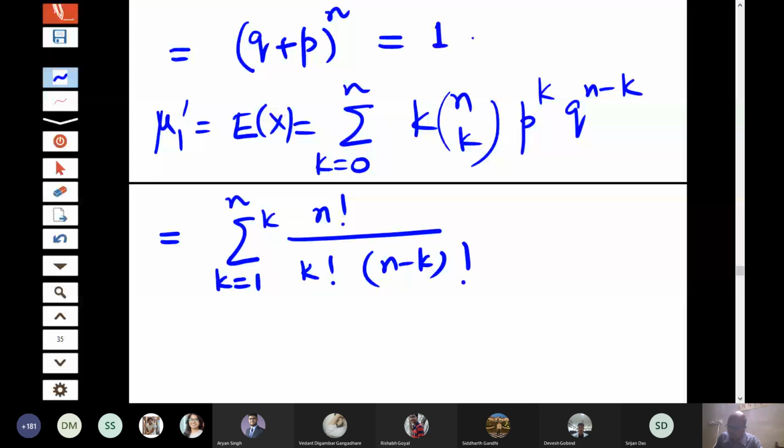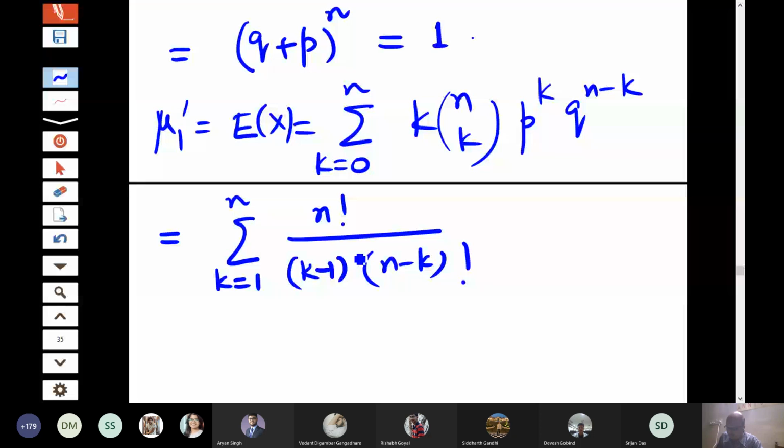Then we put this as k minus 1 factorial. So this immediately gives us the idea about the terms that we are going to get here.